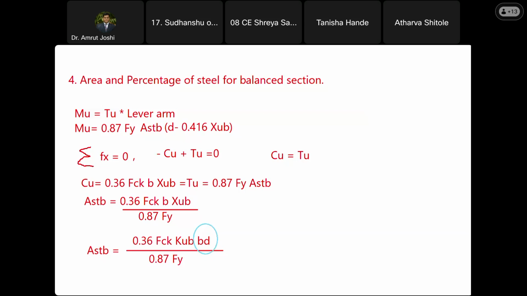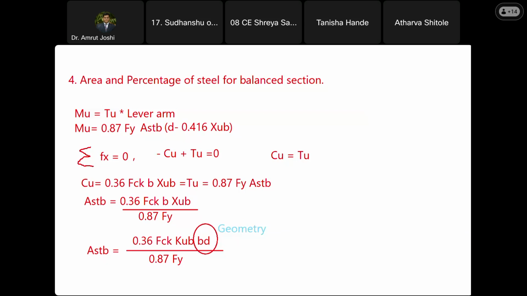Double M or single M? Single M. Okay, so let me delete this.